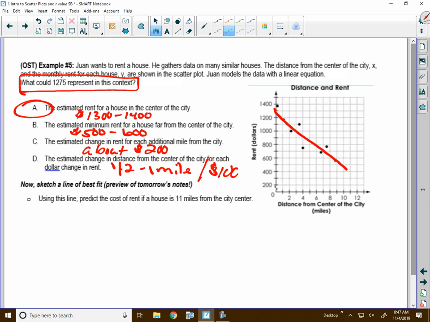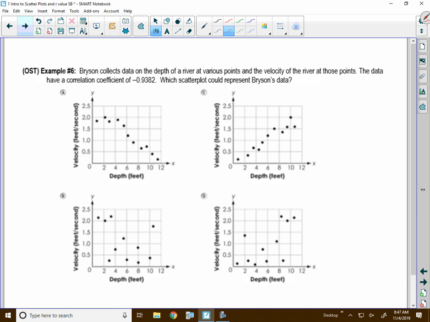Okay, really quick. Using this line, predict the cost of rent of a house 11 miles from the center of the city. What do you think it would be? 400. About 400. Hey, keep in mind, nothing is perfect when it comes to a scatter plot. Okay, example number 6.